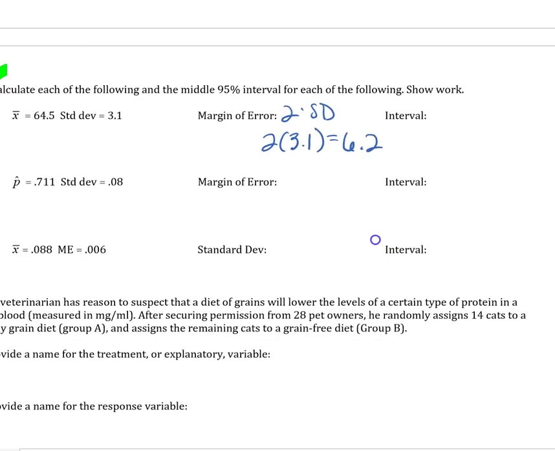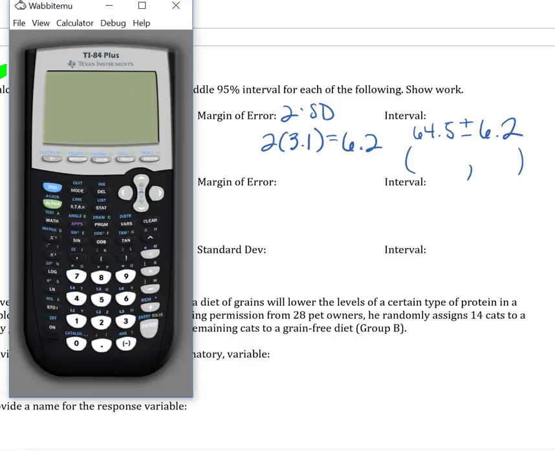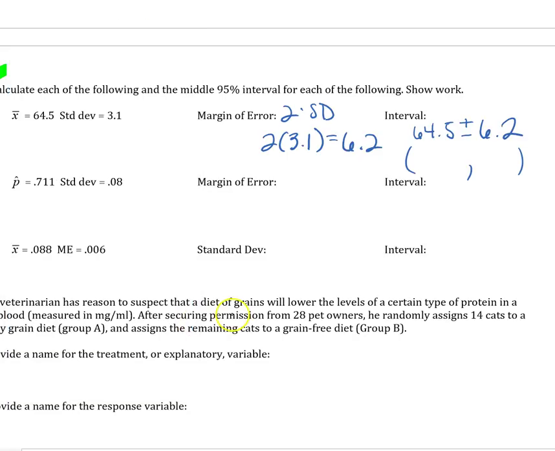In order to calculate the interval, I go from my sample, which is 64.5, and I'll add or subtract 2 times the standard deviation, which I actually already calculated, which is 6.2. So whatever that interval ends up being, I guess I'll figure it out. So 64.5 minus 6.2, 58.3.